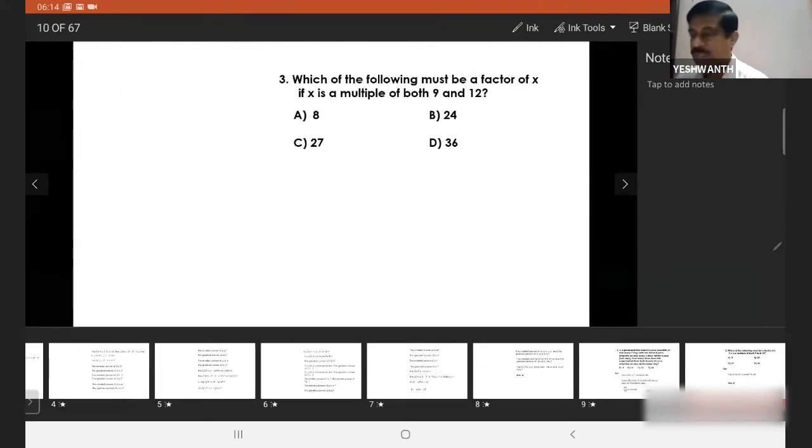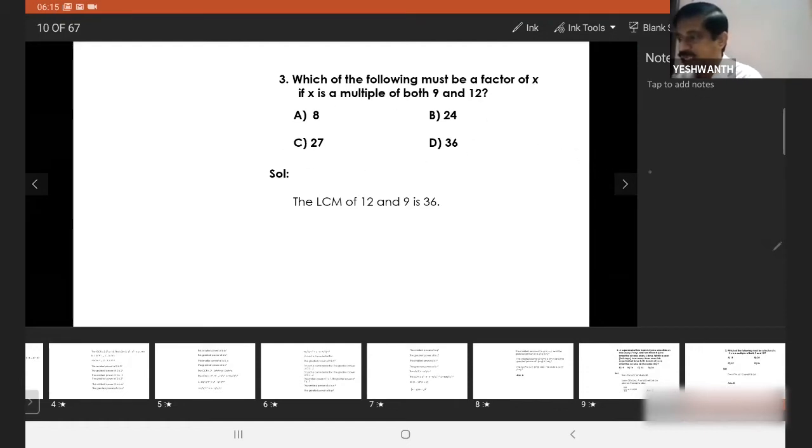Which of the following must be a factor of x, if x is a multiple of both 9 and 12? So let us take LCM for that. 9 and 12 LCM is what? 36. So now you check which of these numbers are multiples of 36.